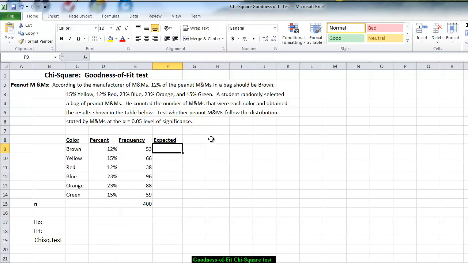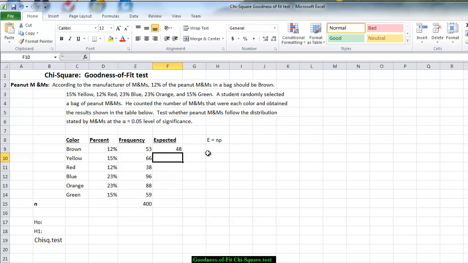Now we're going to use the expected value formula, which says that E is equal to N times P, basically the number of M&Ms times the percent that we anticipated. So for the expected number, in order to form this formula only once, we are going to take the number of M&Ms, which is 400, press F4, in other words, make it a fixed cell, times the percent.